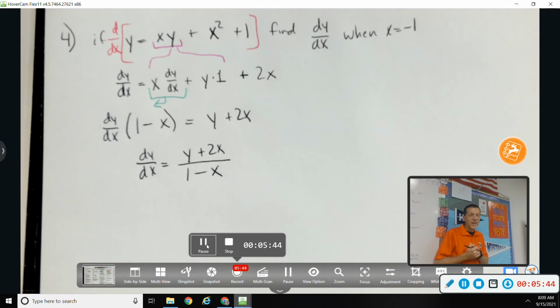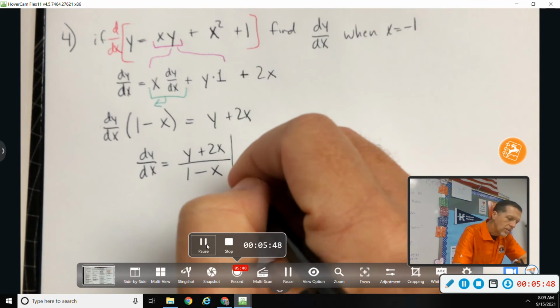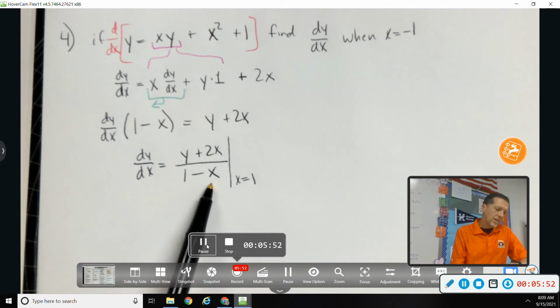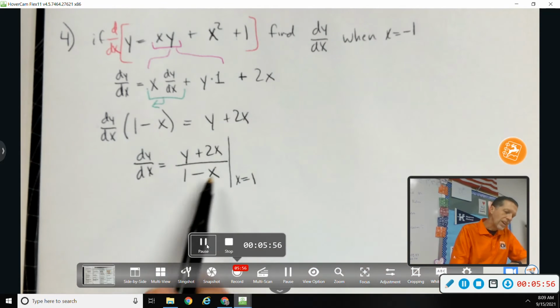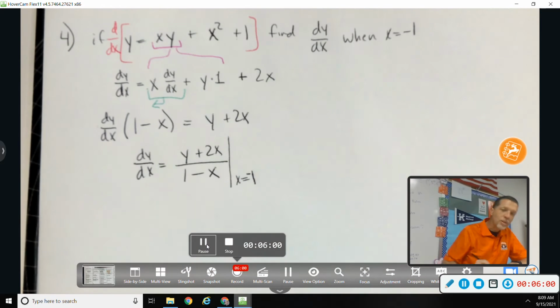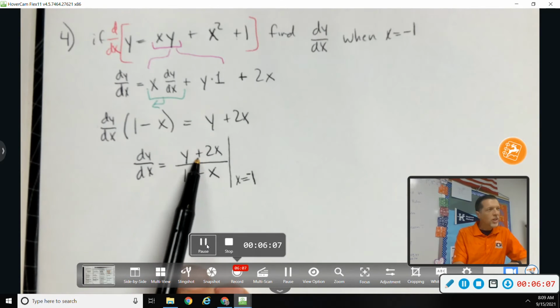I'm not done yet, because I need to evaluate that when x equals negative 1. The trouble is, wait, what did I do wrong? Negative 1. Yeah, this was about to go to 0 in the bottom, and I didn't think that happened in this problem. So when x is negative 1, sure, I can plug that in for x, but then I'm still stuck with a y in there.